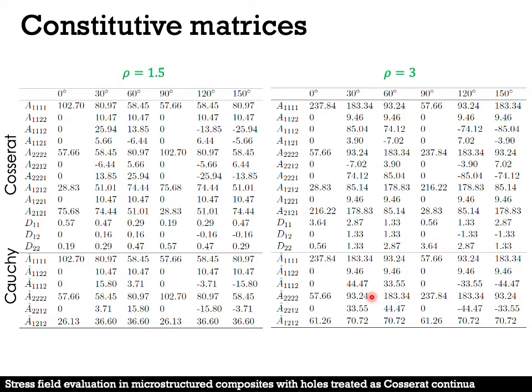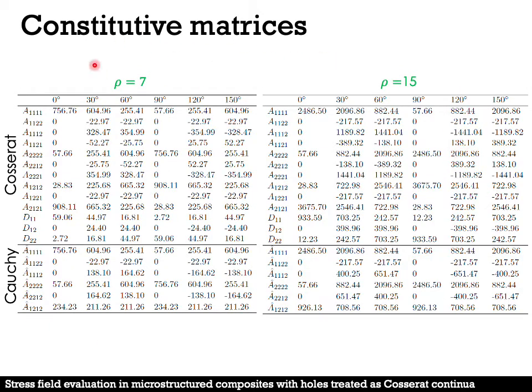Actually, only diagonal components of the constitutive matrix exist, showing an orthotropic nature of the material. For other beta, all components of the matrices A and D appear, showing a central symmetric nature. The absolute values of these components may change homogeneously as rho increases.